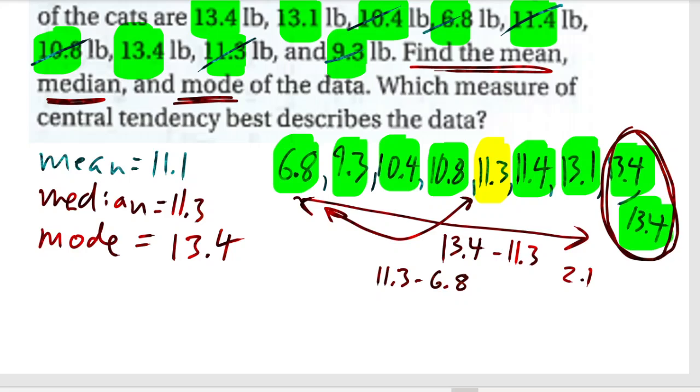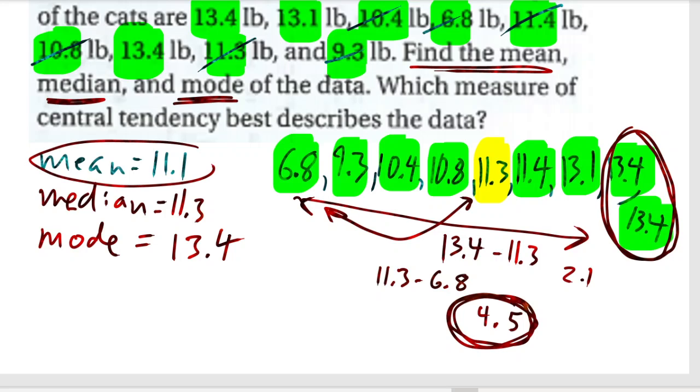I do believe that would give 4.5. So it goes a lot further below the median. So I would say that in this case the median and the mode are a little bit too high to let us know that we also have numbers as low as 6.8. So the mean in this case, I would say, is the best.